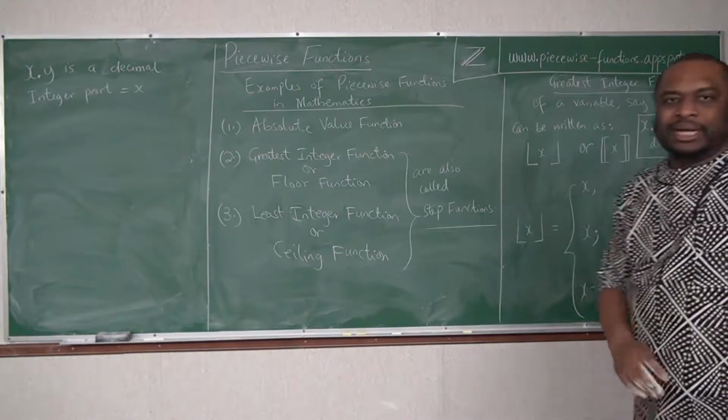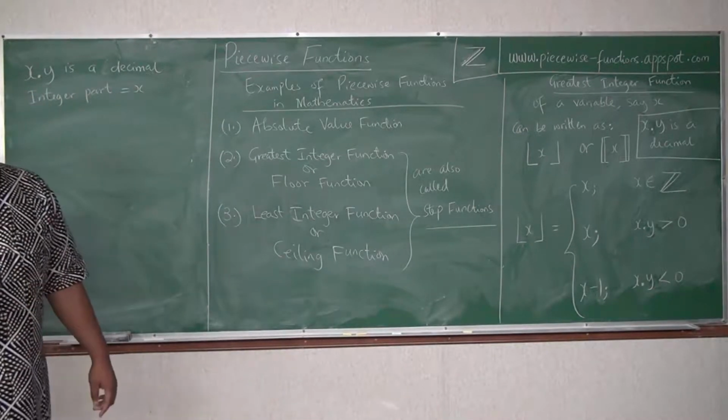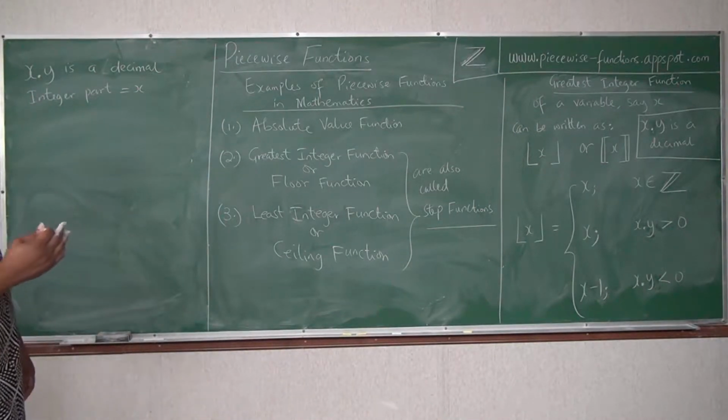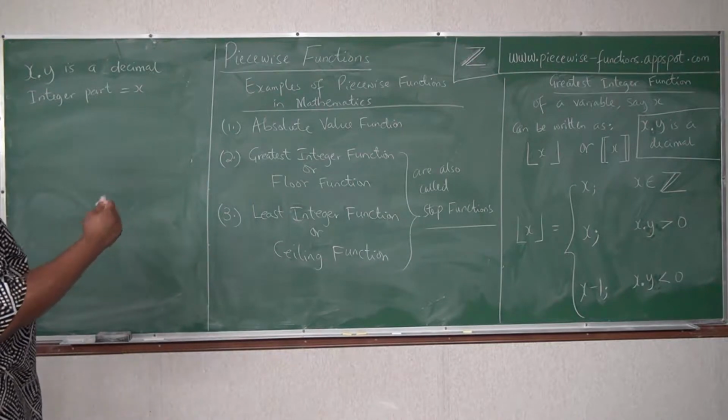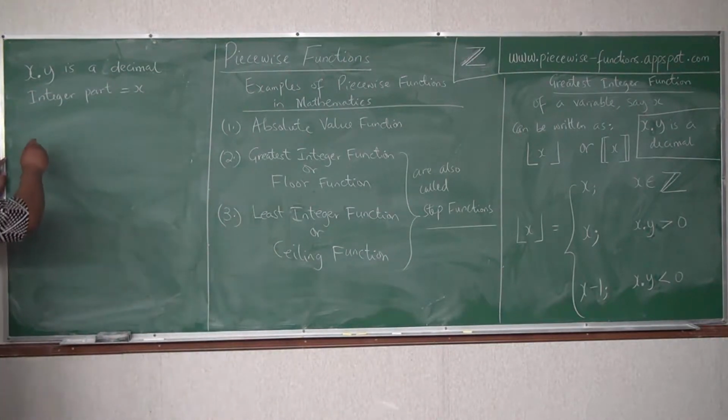So let us look at examples of this. Let's start with the first case. What is the greatest integer of 3? 3 is an integer. It will give you 3.